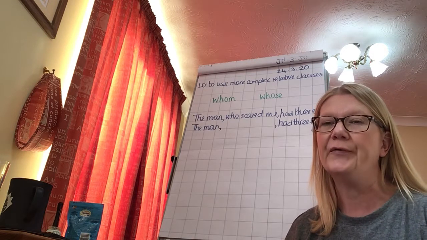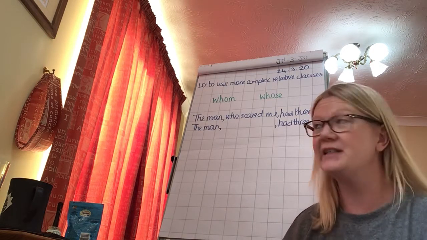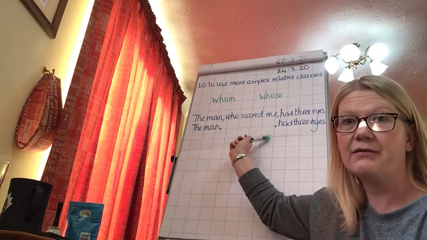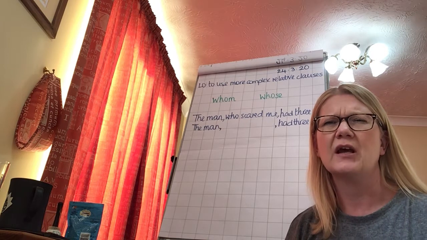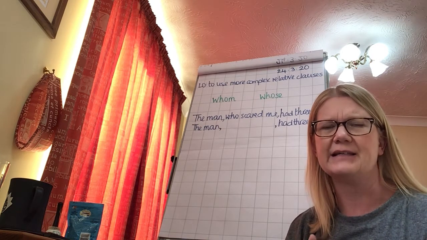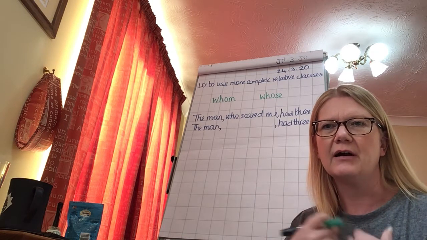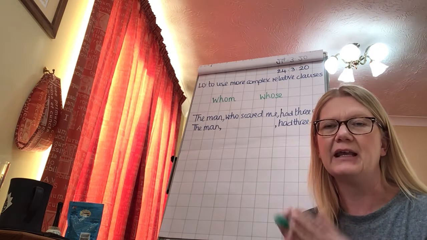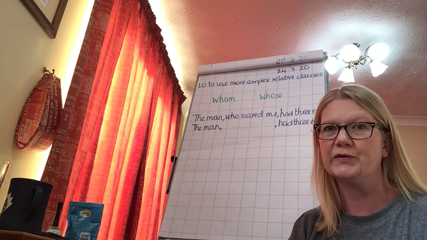I still want the man to be the subject of my main clause. My main clause is still the man had 3 eyes. But this time I want to put in a relative clause that shows that I scared him. So for our relative clause, I'm doing the scaring and he is going to be the object, but only in the relative clause.